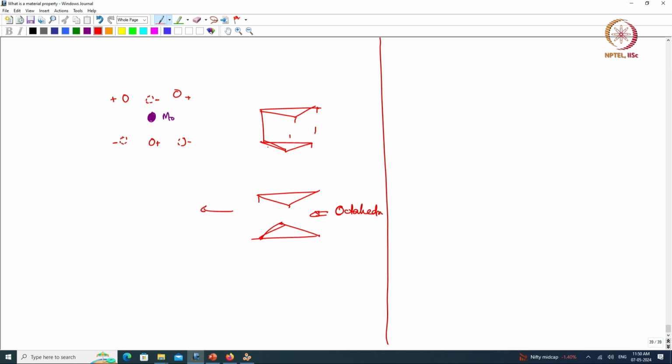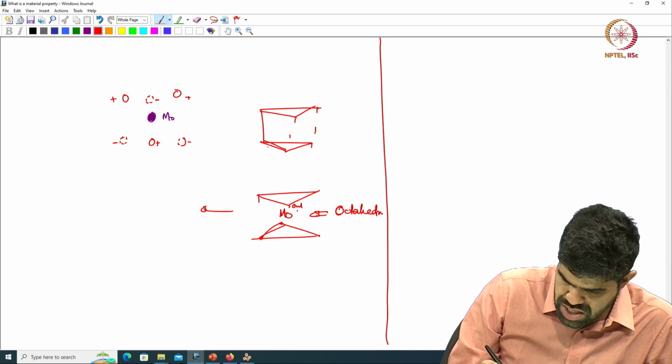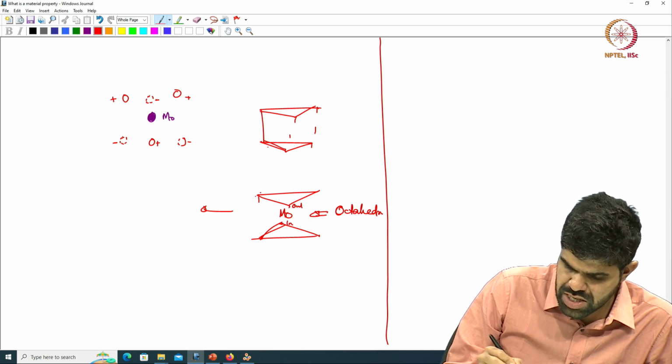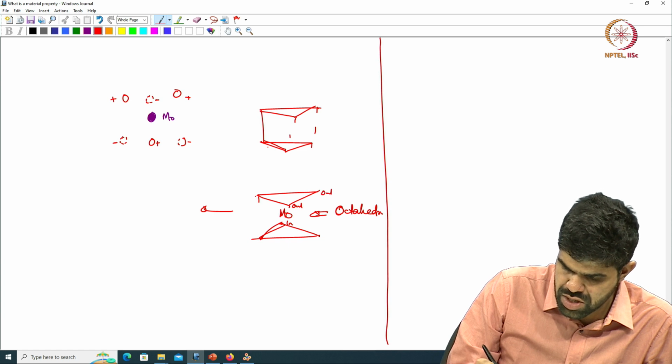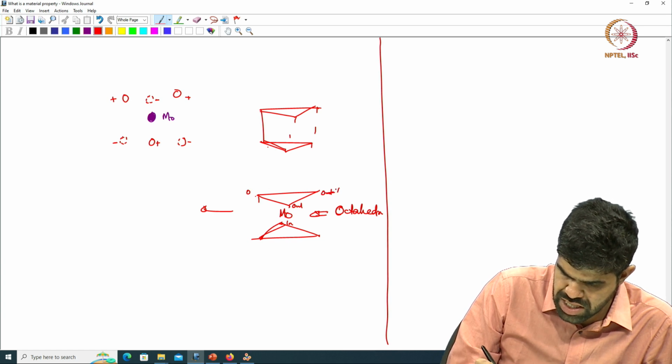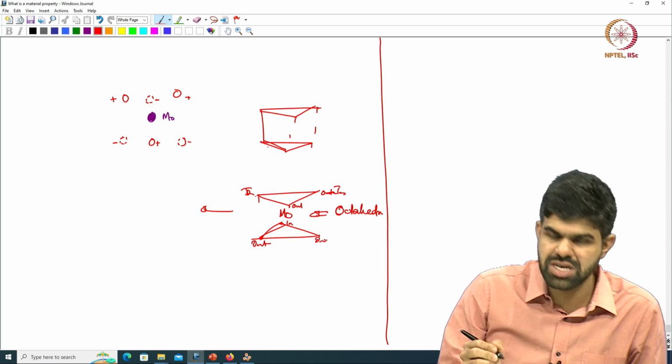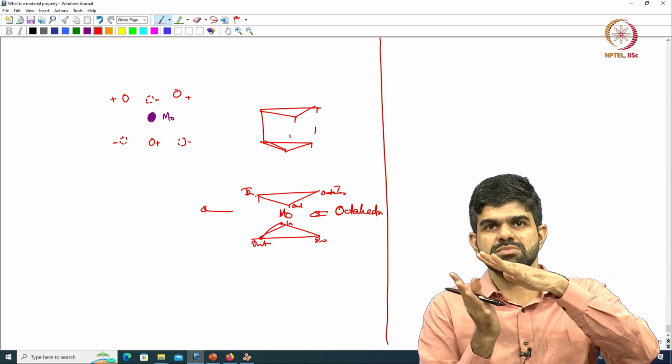This is molybdenum, and with respect to molybdenum this is coming out, this is going in, this is coming out, this is in, out, out, right, and also a rotation by 180 degrees.